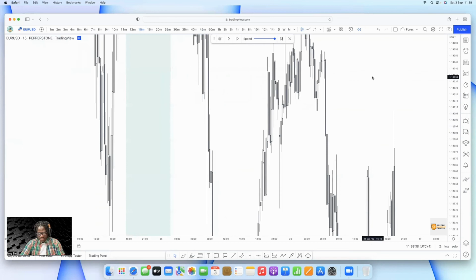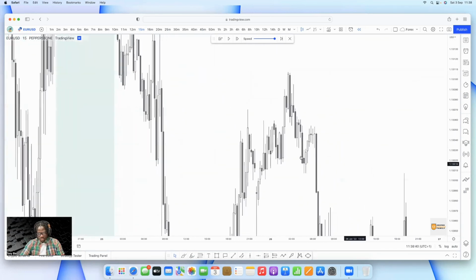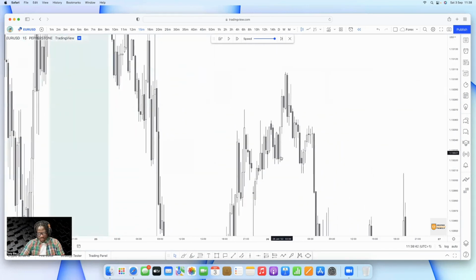What I can see here is as price got to the premium area, it gave us this high, this low. On a lower time frame, I'm sure this 15-minute down candle would have actually been multiple candles. So that would have actually been a higher high and higher low, a higher high, and then a break of structure. This wick up must have filled an imbalance or mitigation or something. And so this would have actually been an early entry.